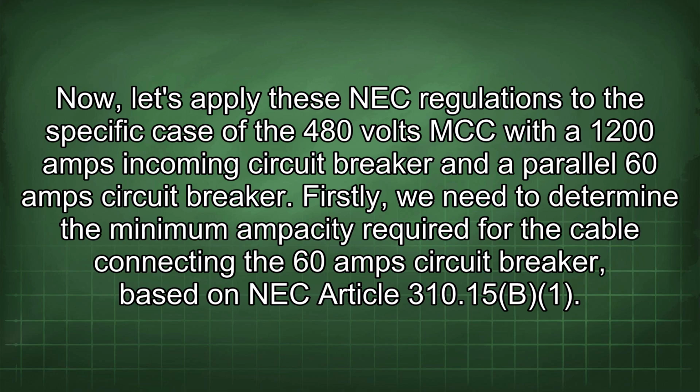Now, let's apply these NEC regulations to the specific case of the 480 volts MCC with a 1200 amps incoming circuit breaker and a parallel 60 amp circuit breaker. Firstly, we need to determine the minimum ampacity required for the cable connecting the 60 amp circuit breaker based on NEC Article 310.15(B)(1).